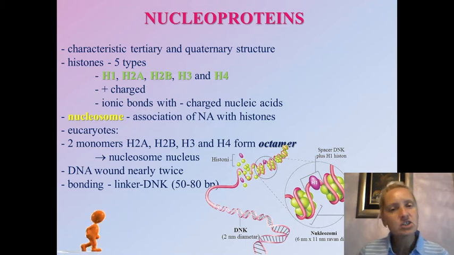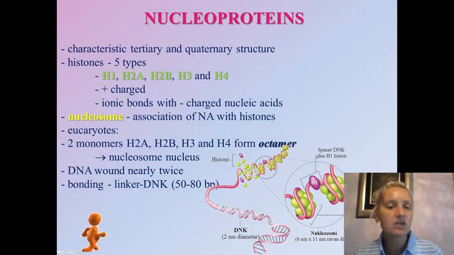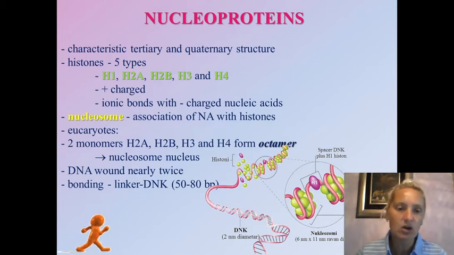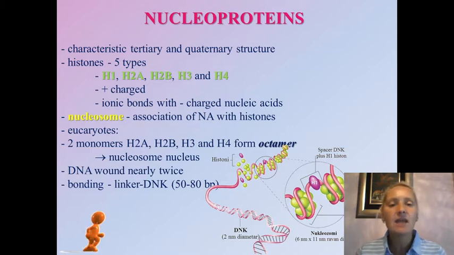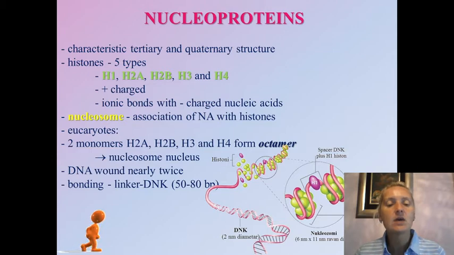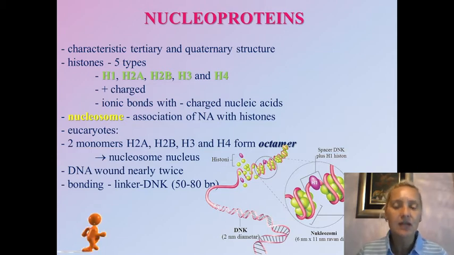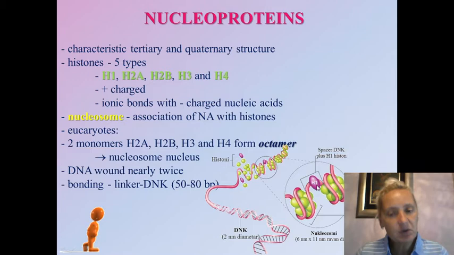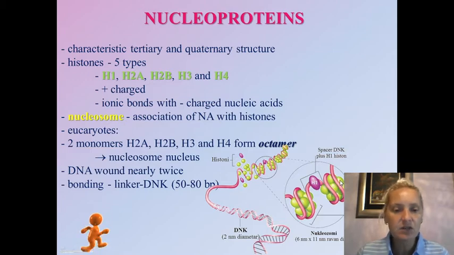We have mentioned that they exhibit basic character and are positively charged molecules, and they tend to form ionic bonds with negatively charged nucleic acids carrying acidic properties. So what is the quaternary structure of those? It's very specific, very characteristic.